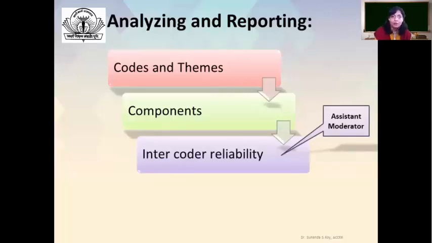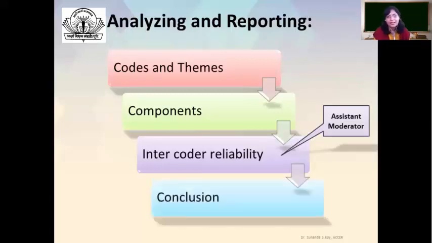The moderator can share his or her analysis and find out whether the assistant moderator also agrees, or if you have more than one researcher, it can be given to other researchers just to validate. It's a kind of cross check, because it's a very subjective way of analysis. So this is just a cross check to increase the reliability of the results. And of course, then is the conclusion.